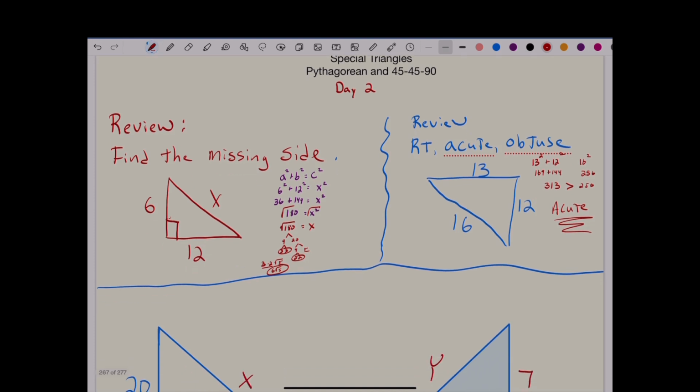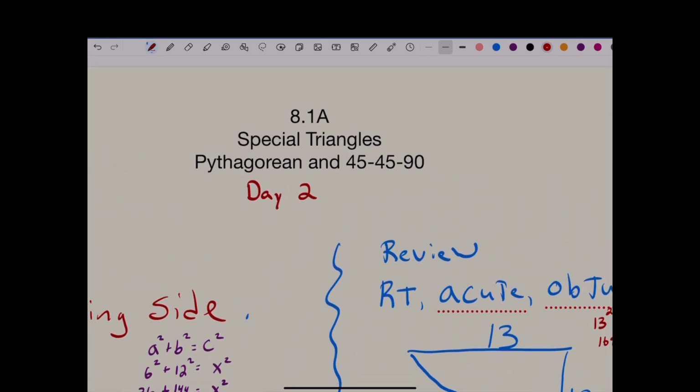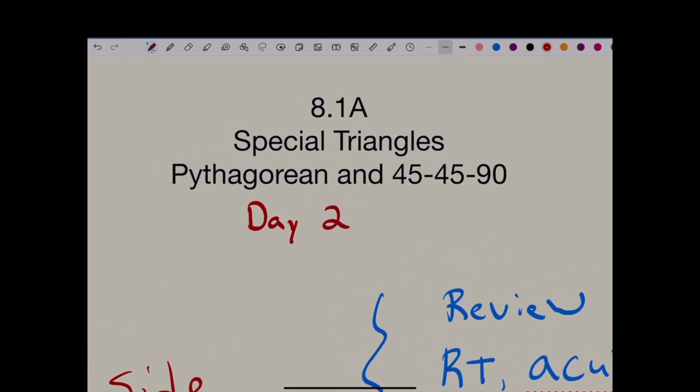So that's what we looked at yesterday. Yesterday we looked at the Pythagorean theorem, and then we looked at the Pythagorean inequalities to figure out if it's a right, an acute, or an obtuse triangle. Today, in day 2, we're going to specifically talk about 45-45-90 degree triangles and how we find the missing sides on them.